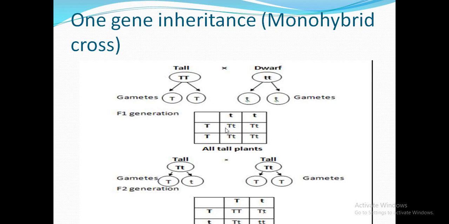So he concluded that one of the alleles suppressed the effect of the other allele. This allele he called the dominant allele. Here capital T is the dominant allele, and the other, which was suppressed in the presence of the dominant allele, here the small t, was called the recessive allele.